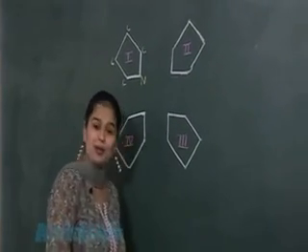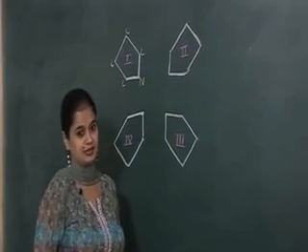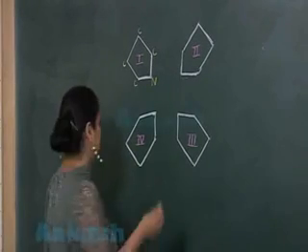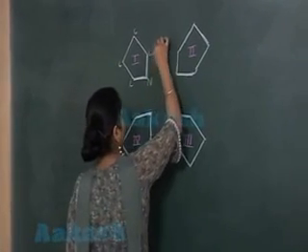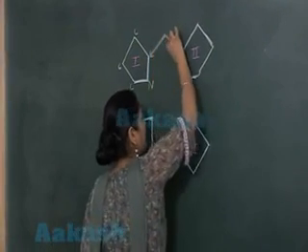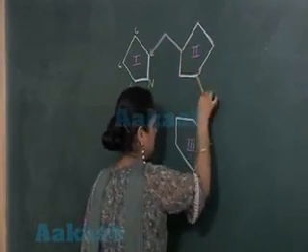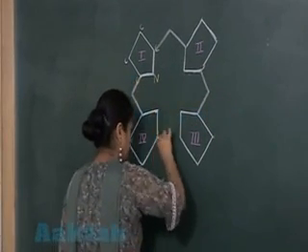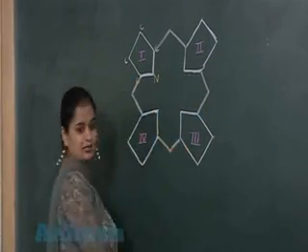Now these four pyrrole rings are interconnected, and this interconnection is there with the help of methine bridges. So let's say that these are methine bridges. Yes, these are methine bridges which are involved in the interconnection of these four pyrrole rings.